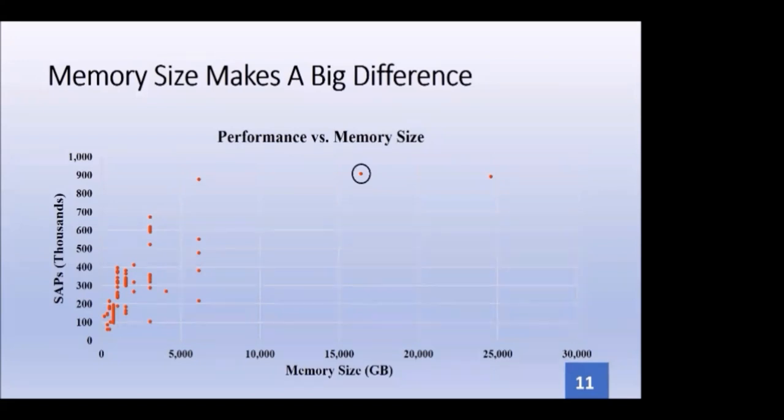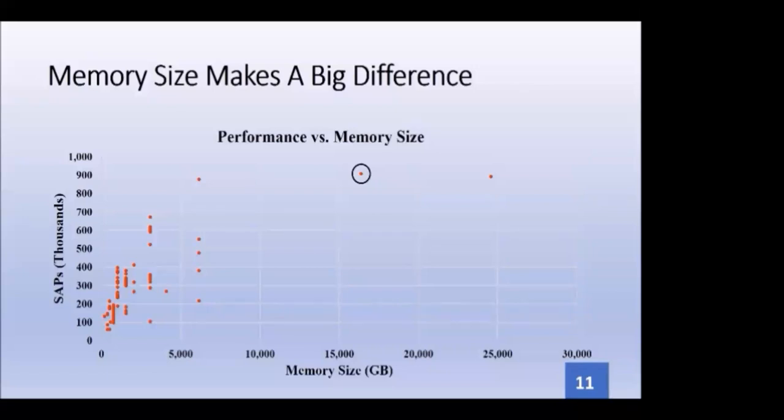OMI not only can support larger memories than DDR, but it can also help by improving bandwidth. Plotting SAP performance versus memory size in this figure, we see that the Power 9 achieves its high performance by using a large memory. Interestingly, the performance is higher than the much larger memory system on the right, based on the high core count processor.